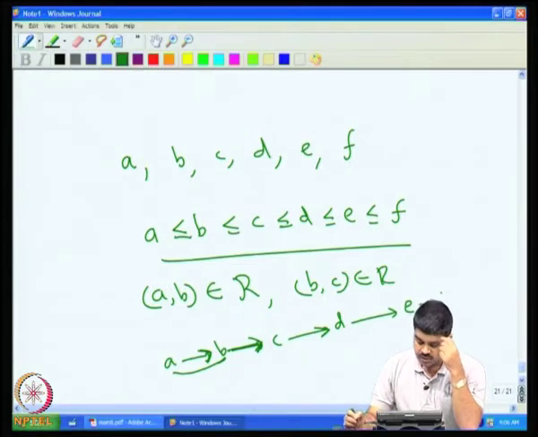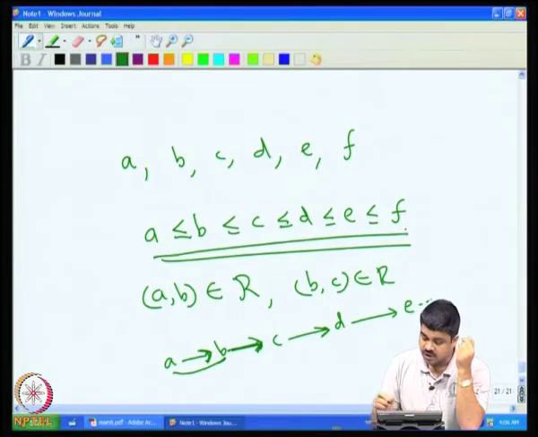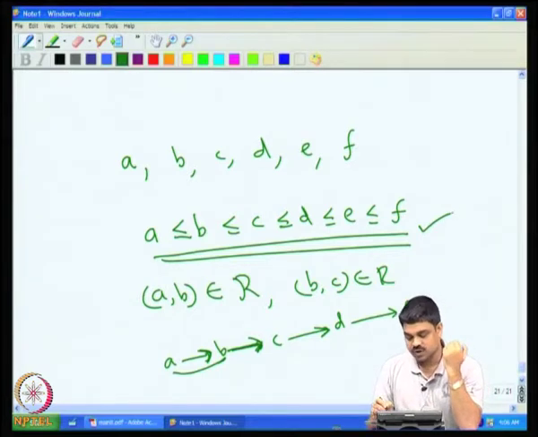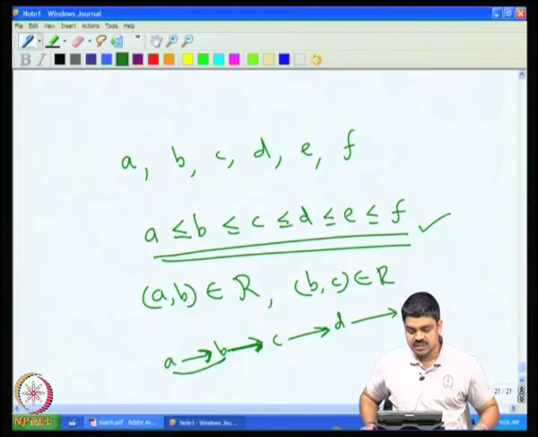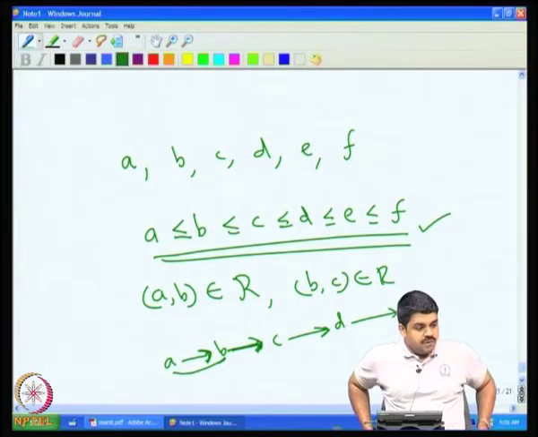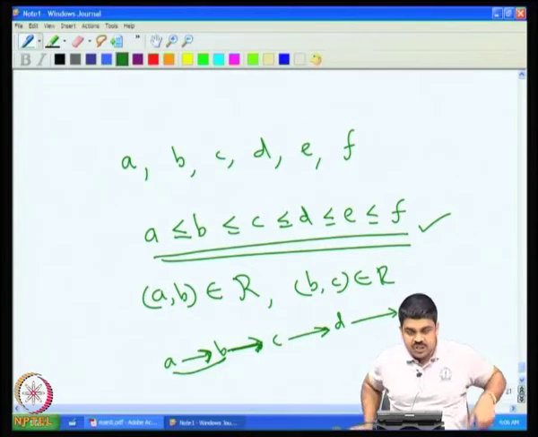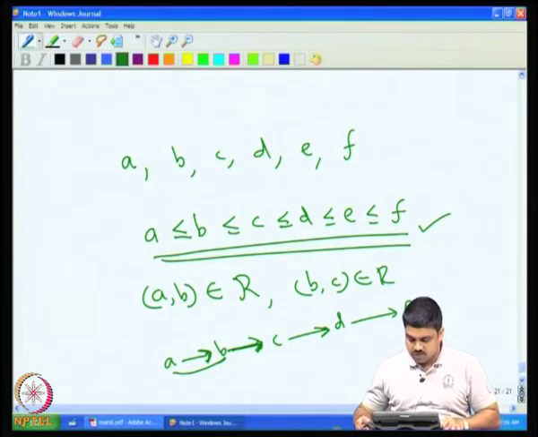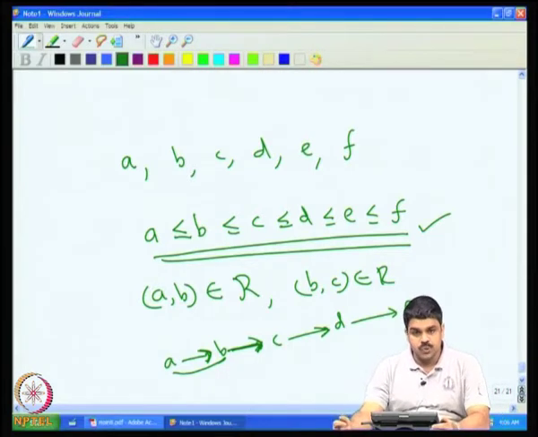So, this kind of a sequence is called a chain. Essentially it is a total order, a subset of the partial order where the induced relation gives us a total order. Total order means every two elements are comparable, that is, related one way or the other.